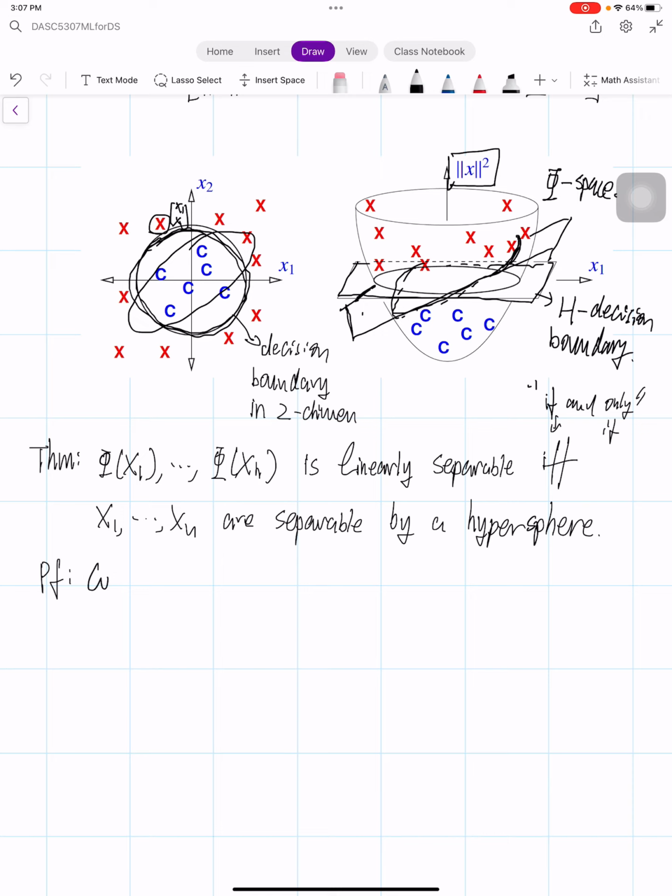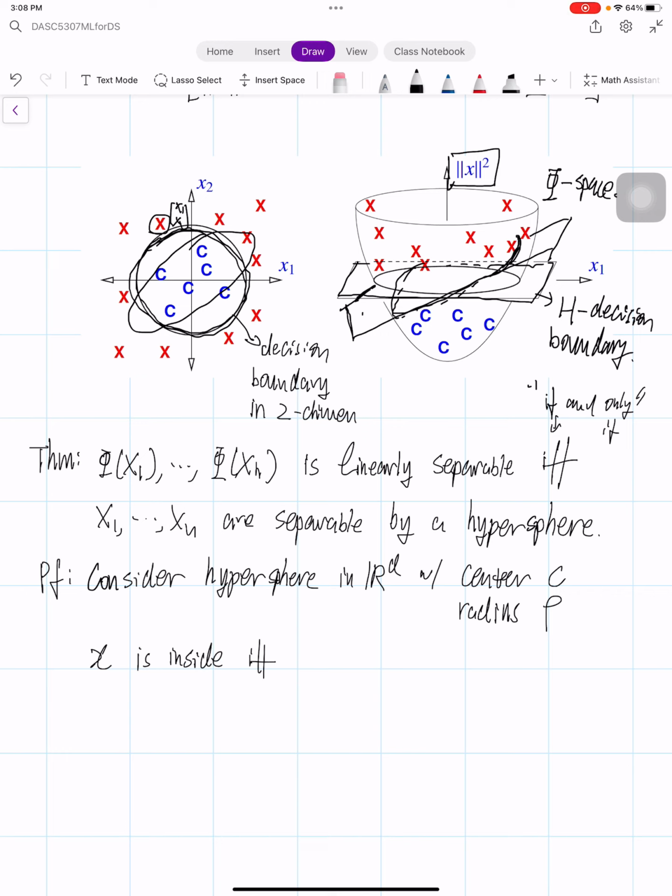Consider a hypersphere in R^D with center c and radius rho. x is inside if and only if the distance in the original space between x and the center of the sphere is less than or equal to rho, that is, the squared distance is at most rho squared.